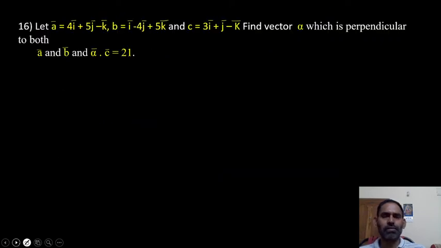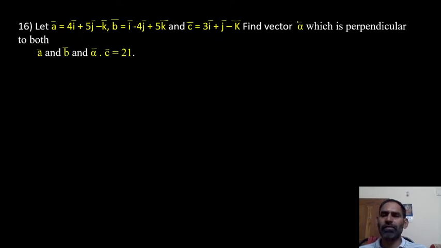The next question, question number 16. Let a bar equal 4i bar plus 5j bar minus k bar, b bar equals i bar minus 4j bar plus 5k bar, and the third vector c bar equals 3i bar plus j bar minus k bar.